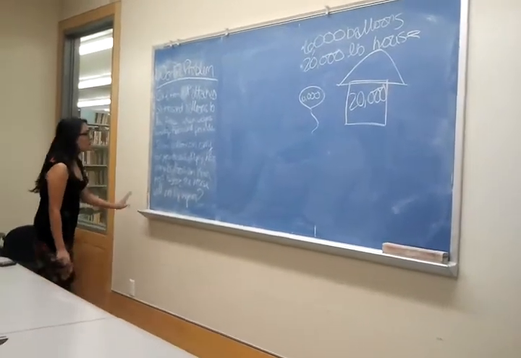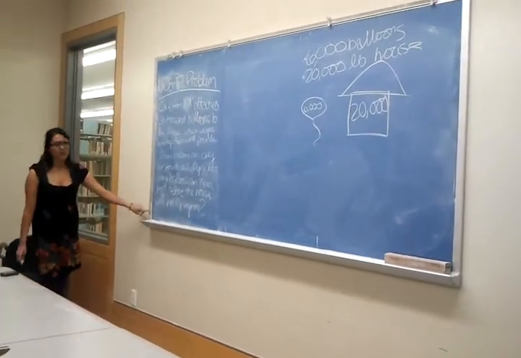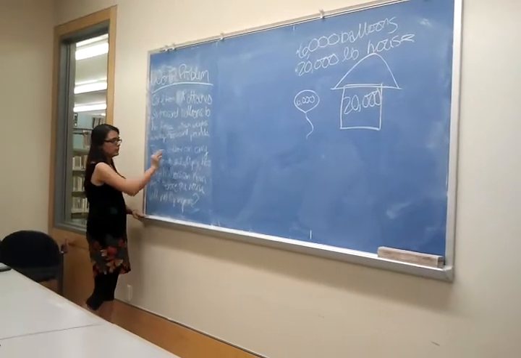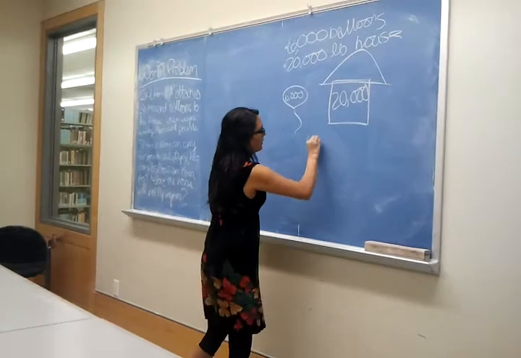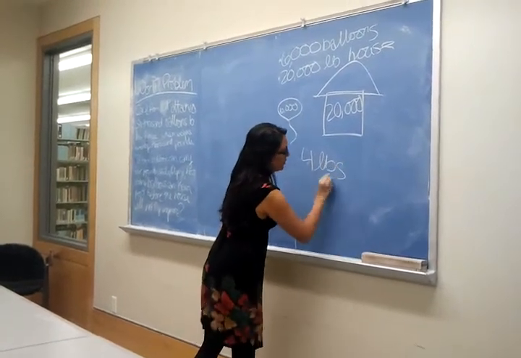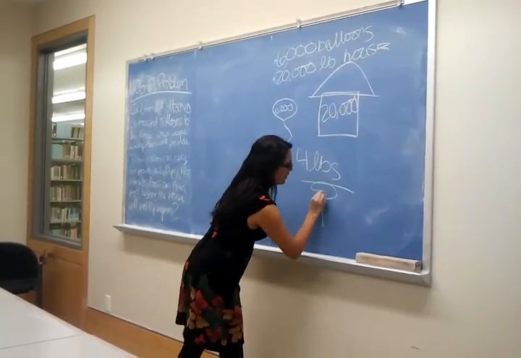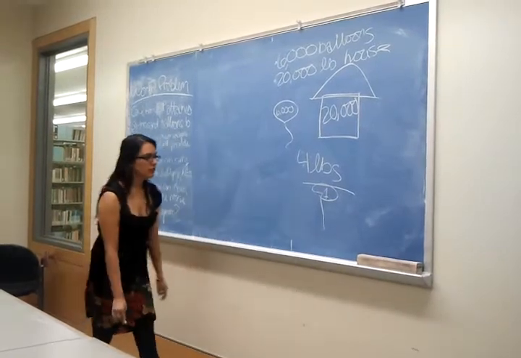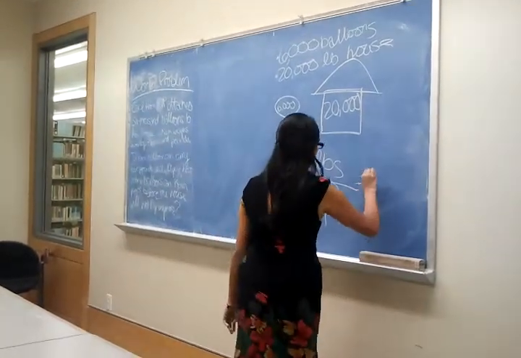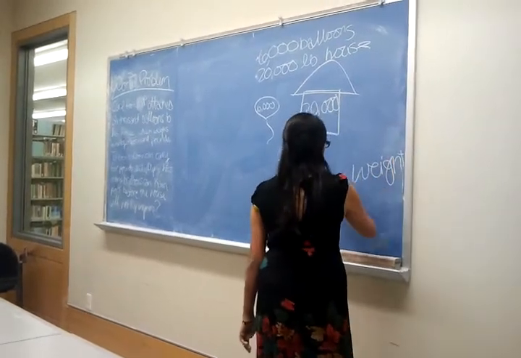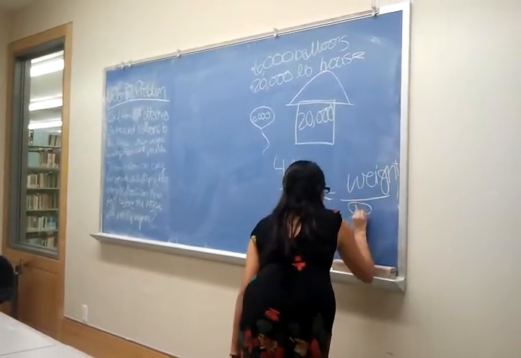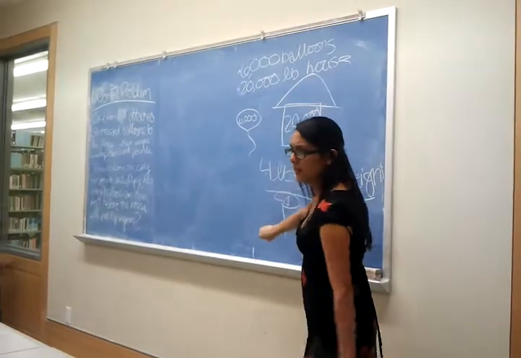Good, okay. So I'm going to talk to you guys about one more thing in the problem. So each balloon can carry 4 pounds, right? Okay, so we know that we have 4 pounds per one balloon. Okay? And that's going to mean that our weight, because 4 pounds is our weight, divided by the number of balloons is the same as that, okay?